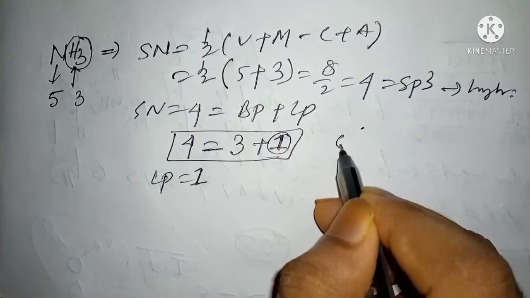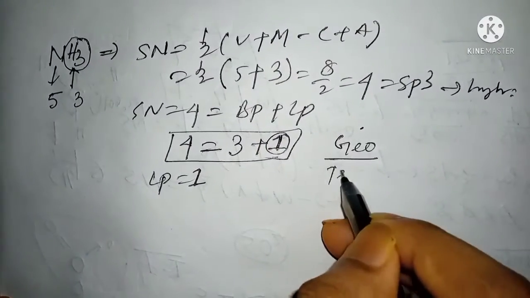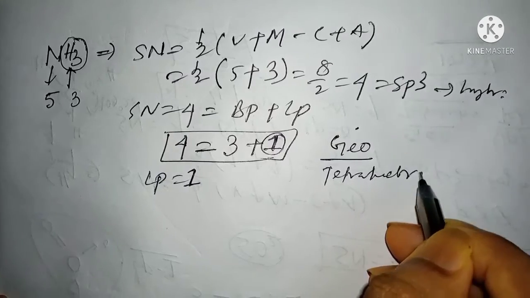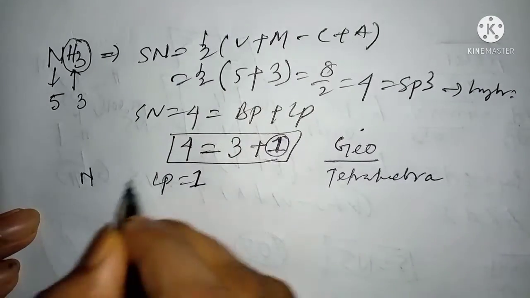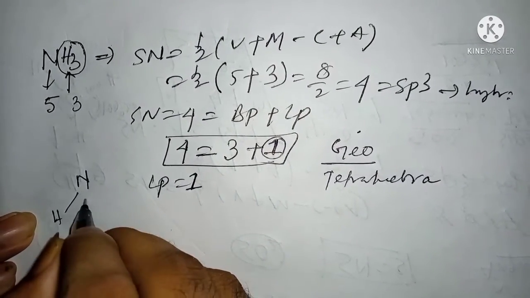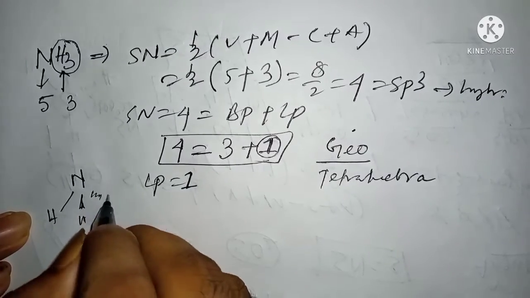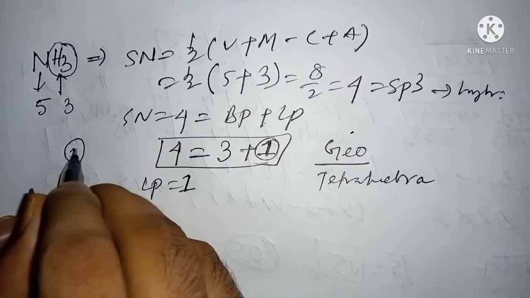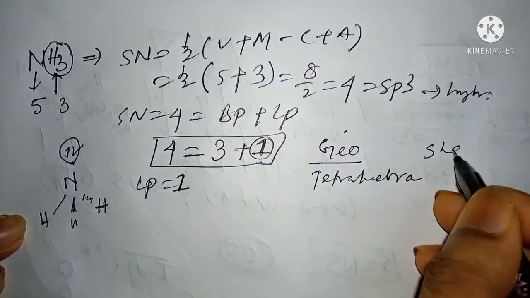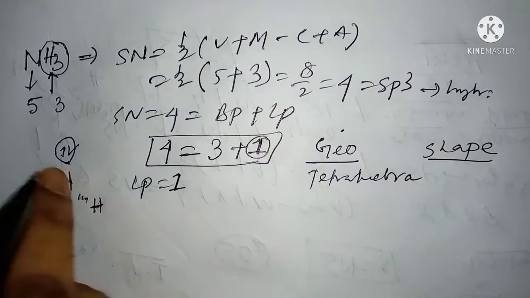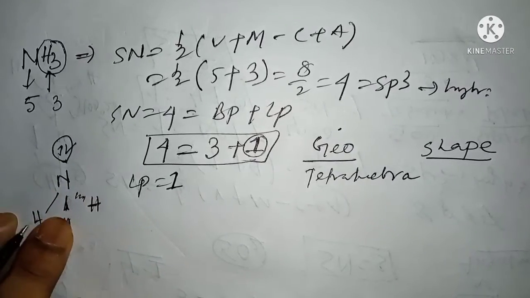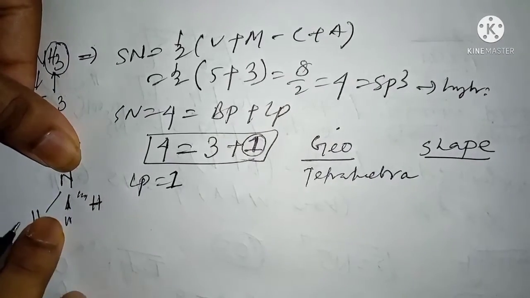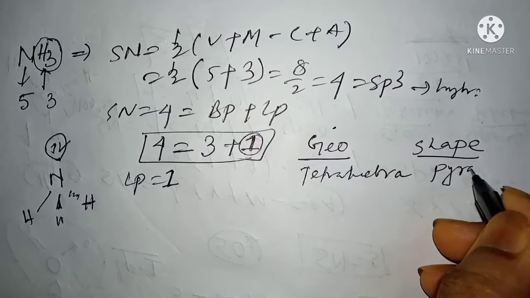Now the geometry is tetrahedral. For the geometry, N has 3 bond pairs, hydrogen one above, another below, and the 1 lone pair is there. For shape determination, we do not consider the lone pair, only bond pairs, so the shape is pyramidal.